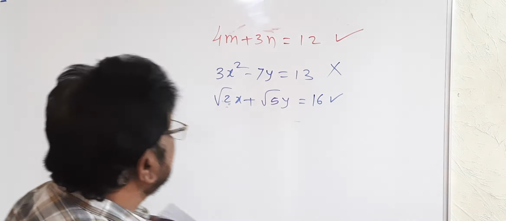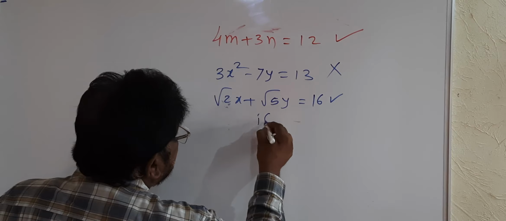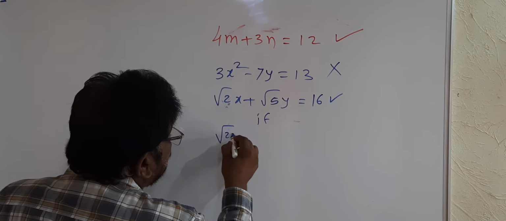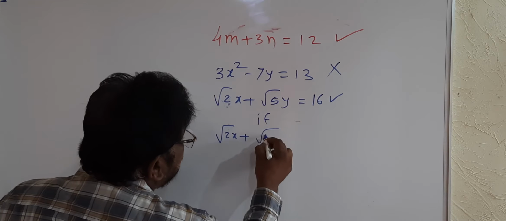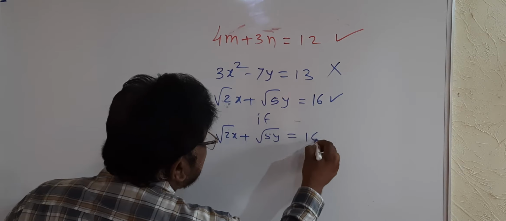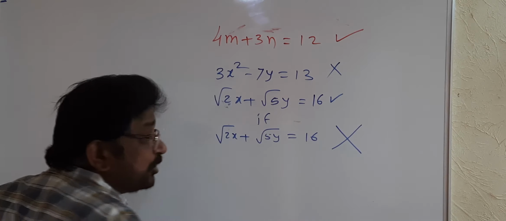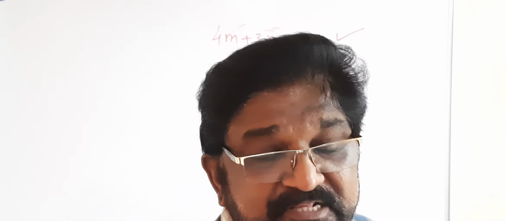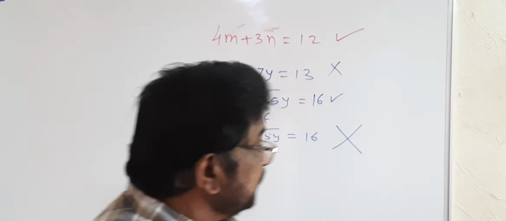If this will be like this, root of 2x plus root of 5y is equal to 16, this is not an equation with two variables, since variables are under the root.